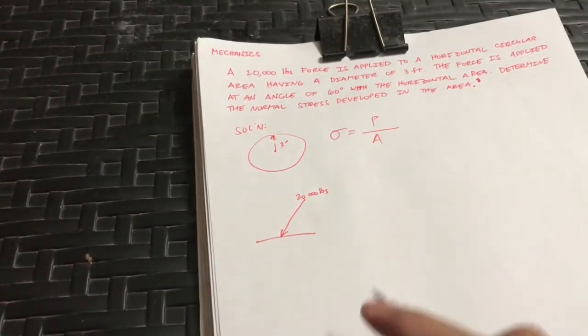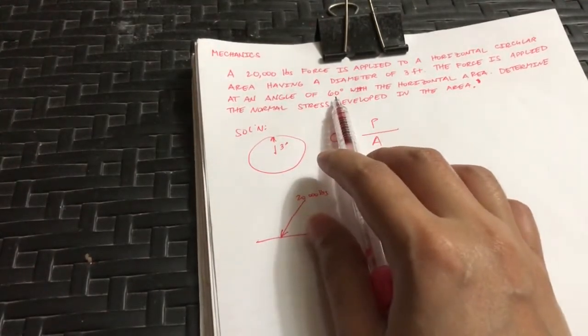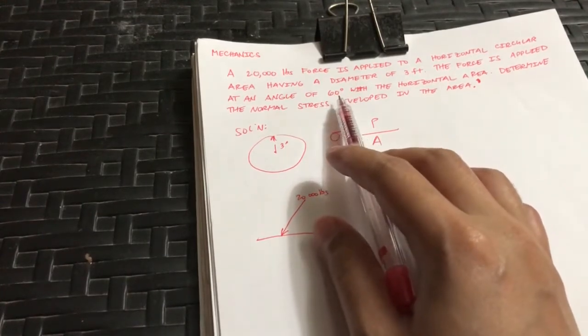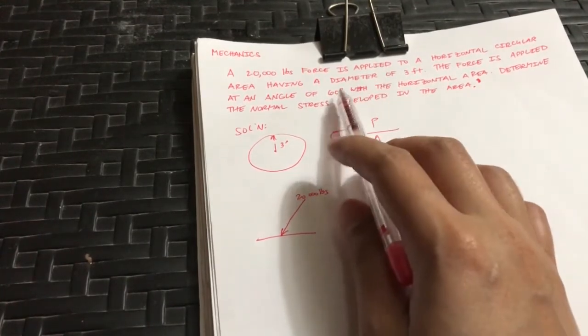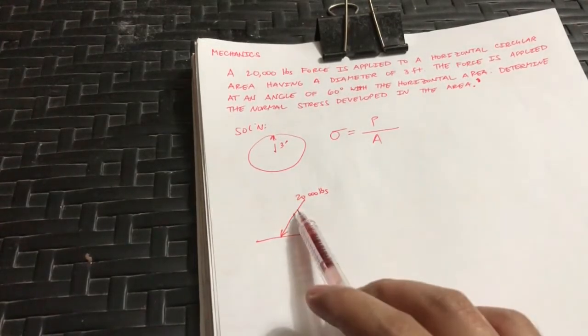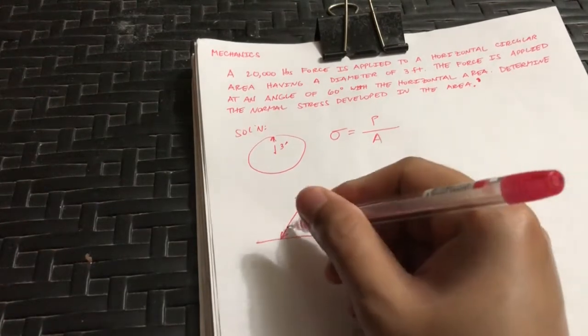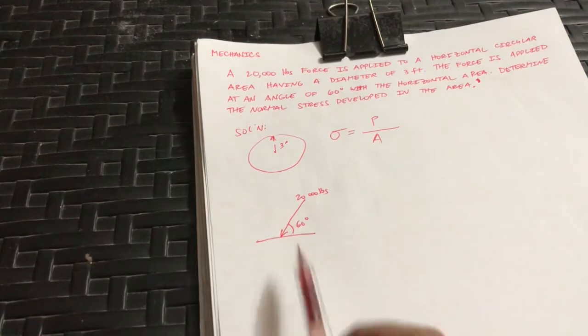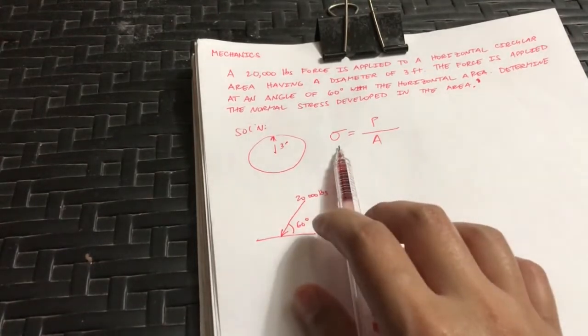Now, 60 degrees simply is the angle at which the load is applied. So 60 degrees is between the load and the horizontal area. So this is the area, this is the load. Now we need to solve for the normal stress.